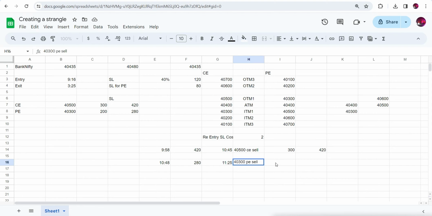At what price will it sell? As we are triggering at the initial entry price, it will sell at 200. What is our stop loss? The stop loss is the same, 40%. 40% is 80 points, so at 280 this is our stop loss.